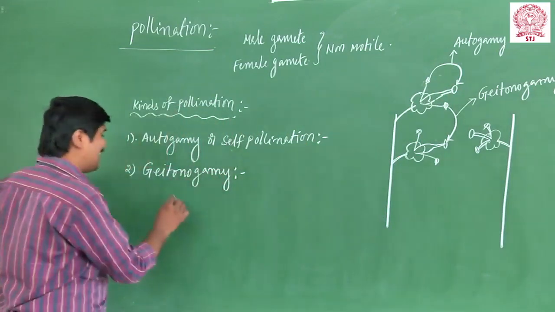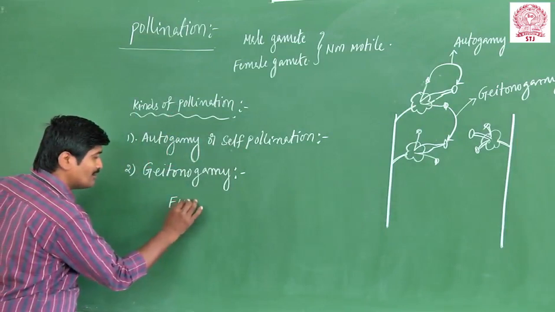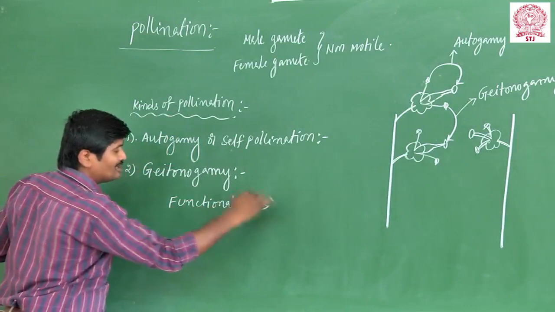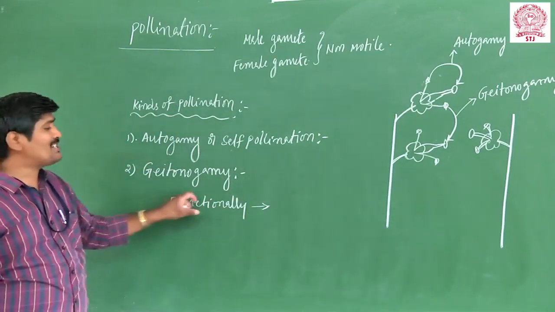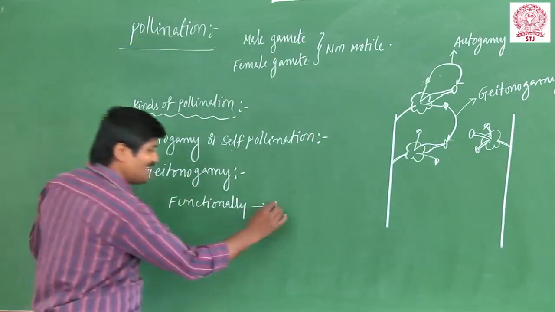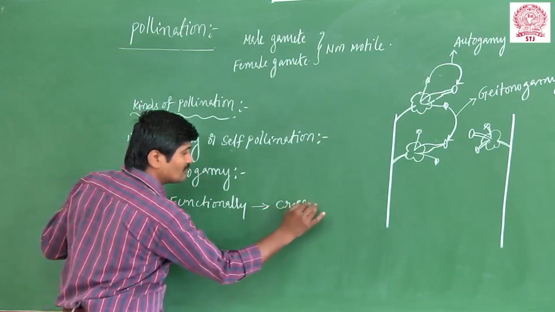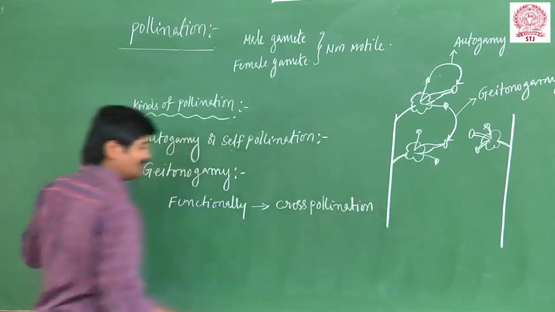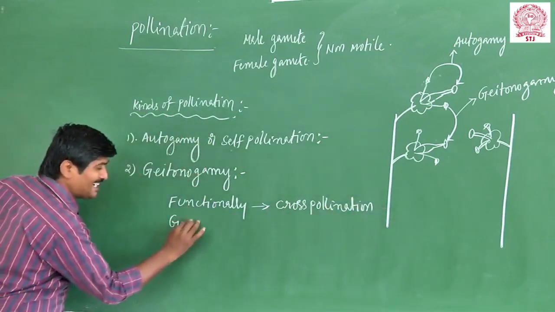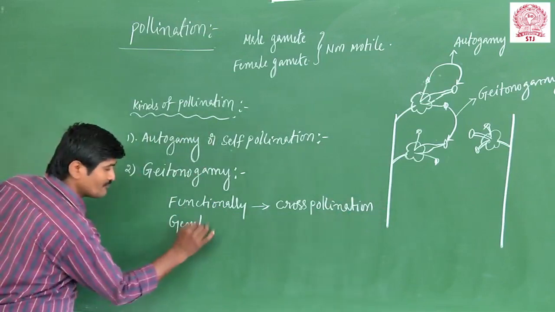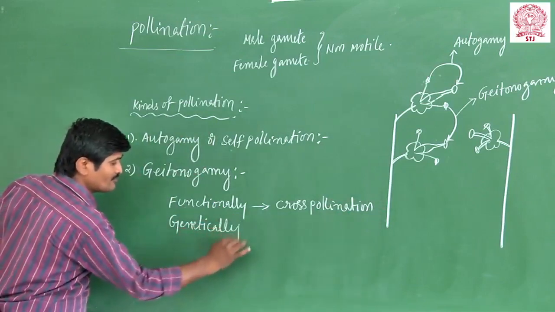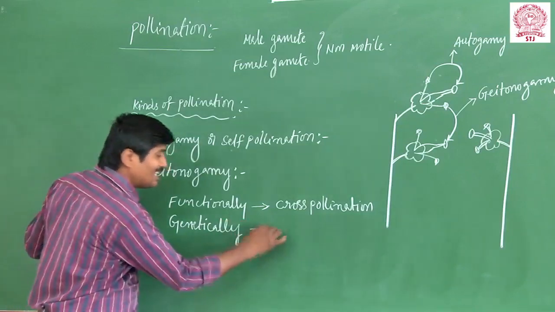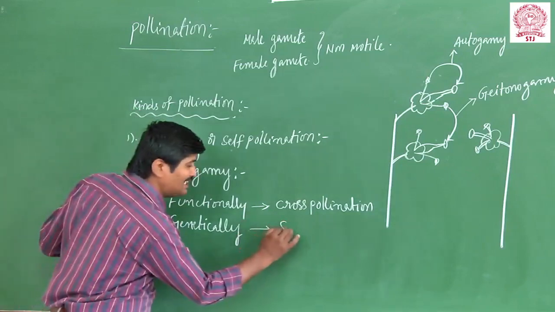Functionally, geitonogamy is cross-pollination. What about genetically? Genetically, geitonogamy is self-pollination.